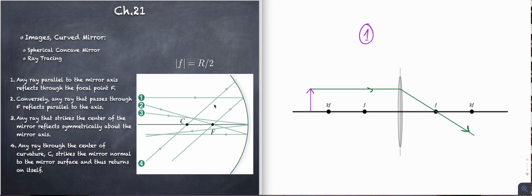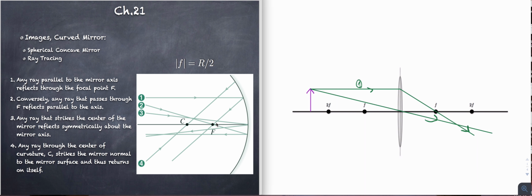So what we can do is label. So this would be 1. 2, if you hit the center of the mirror or the center of the lens, what happens? So let's do one that hits the center.